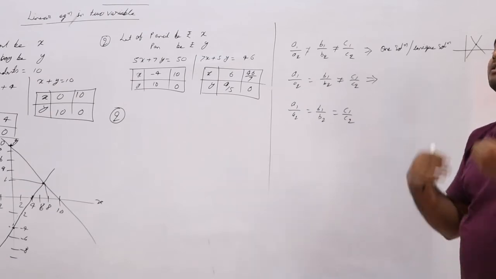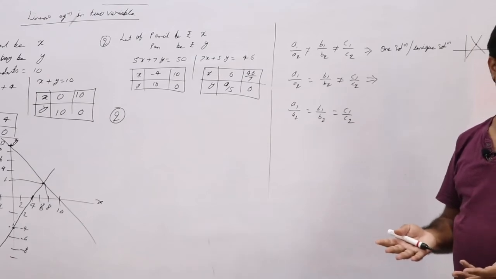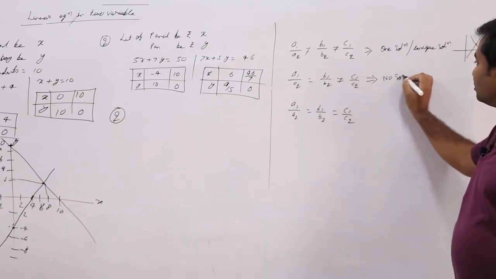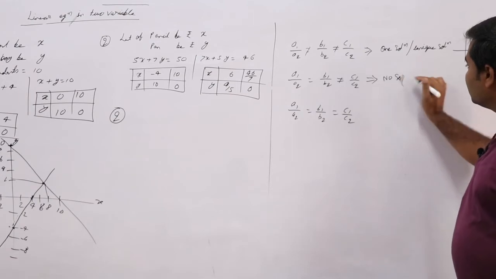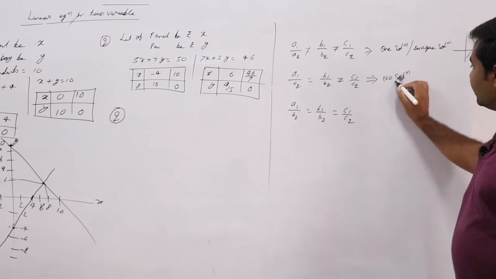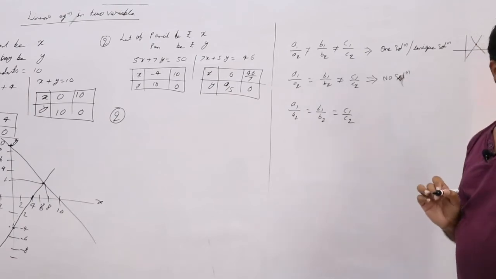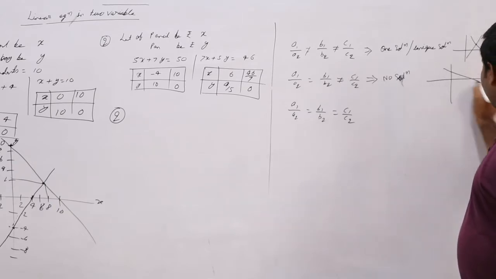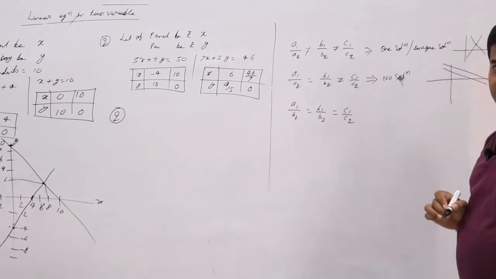This parallel line means you will get no solution, SOLN is the short form, and the graph will be parallel lines. It will not be meeting.